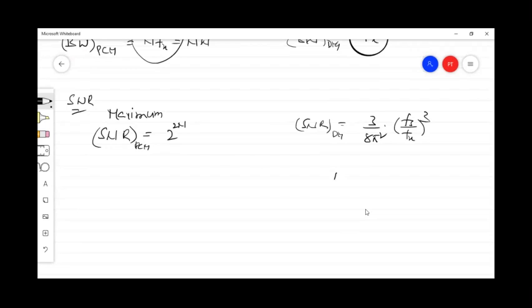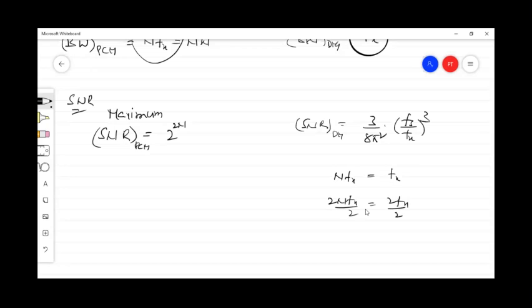How much is the bandwidth? n fx is the bandwidth, and here it is fx. When you write in terms of sampling rate, it is n. If you multiply numerator and denominator, it simply becomes 2 times fx by 2.